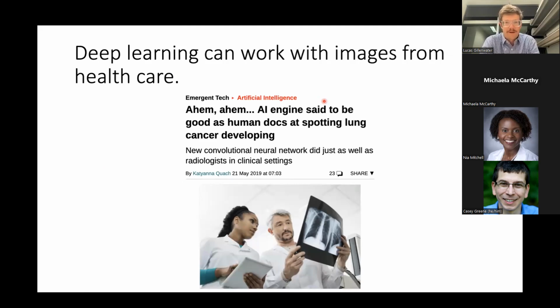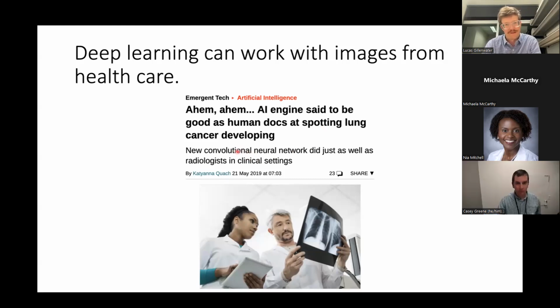In this particular article, it was focusing on artificial intelligence being as good as a human at spotting lung cancer development. And this was using a particular type of artificial intelligence that we label as a convolutional neural network. What this technology did is it did just as well as a human at identifying the particular features within these radiological images that were indicative of lung cancer developing.